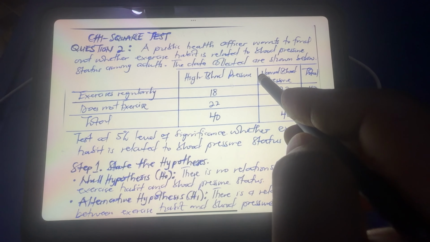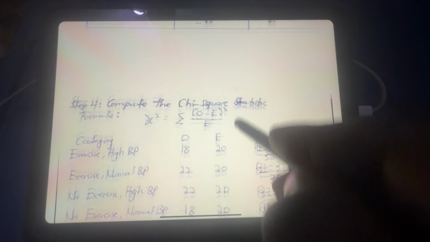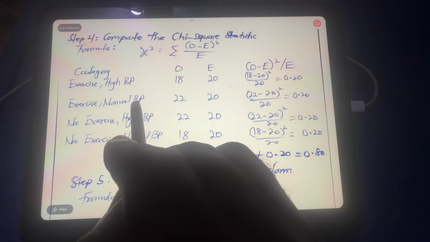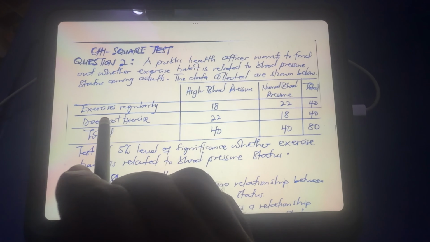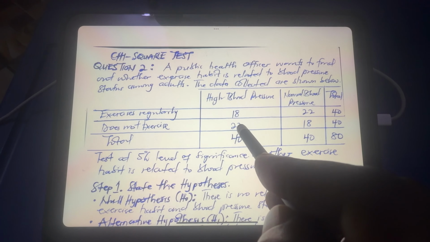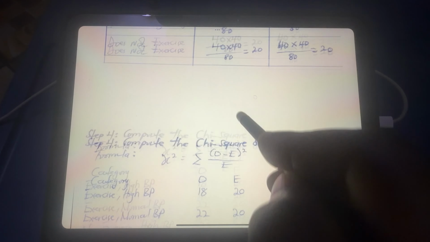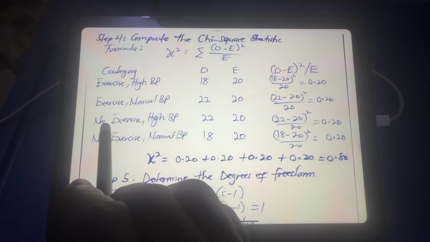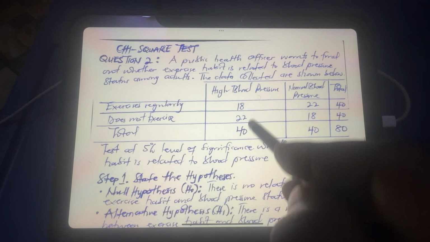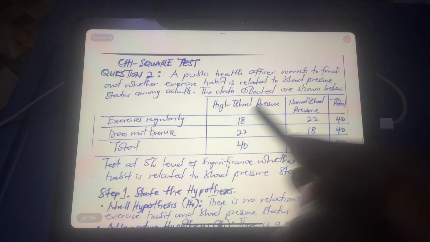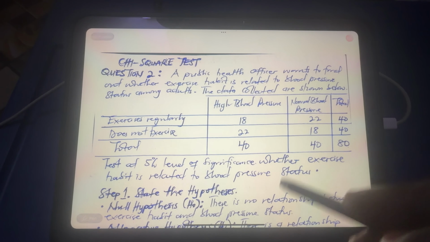Exercise regularly, normal blood pressure, 22. Here it is. Do not exercise regularly, high blood pressure, 22. Here it is. Then here is do not exercise regularly, normal blood pressure, 18. Here it is.